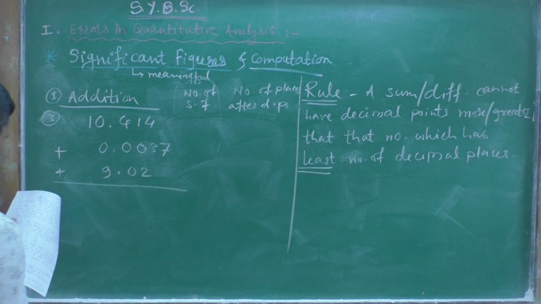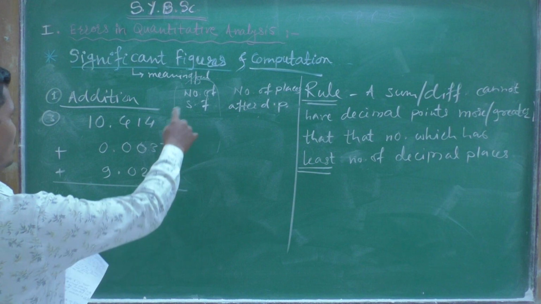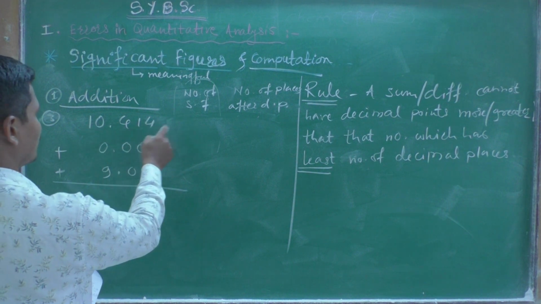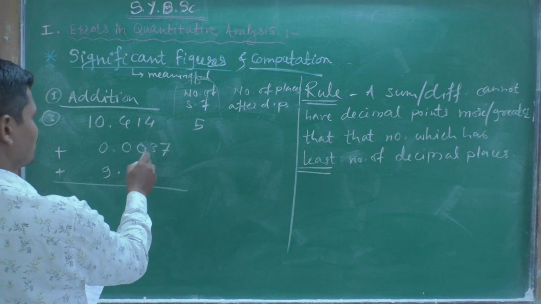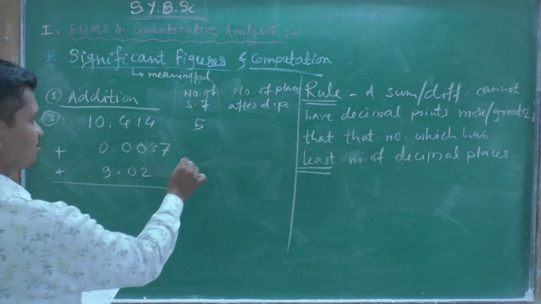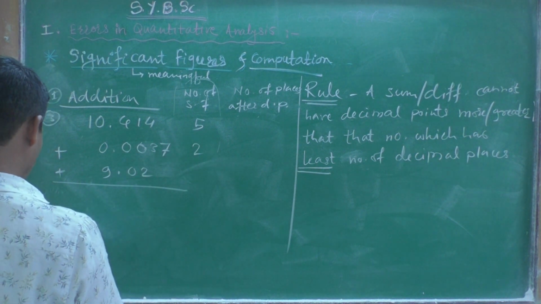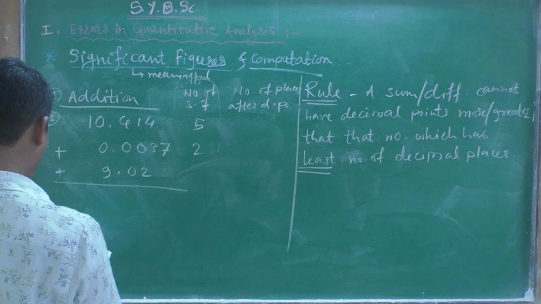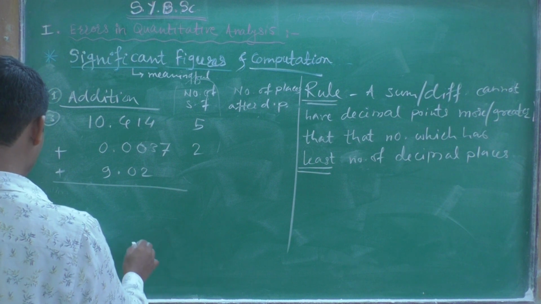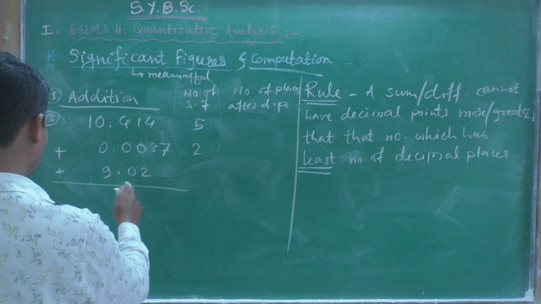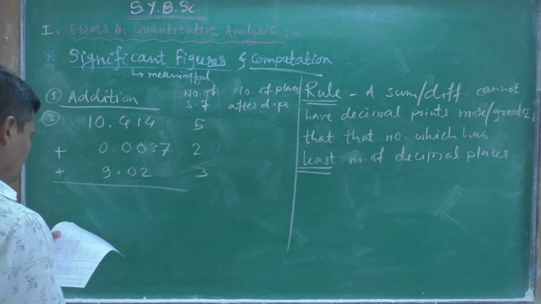Here the number of significant figures is 1, 2, 3, 4, 5. In the second number these 3 zeros are non-significant, so there is only 1. In the last number, the number of significant figures is 3.